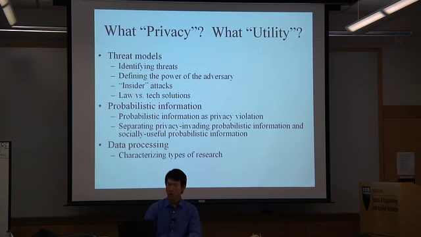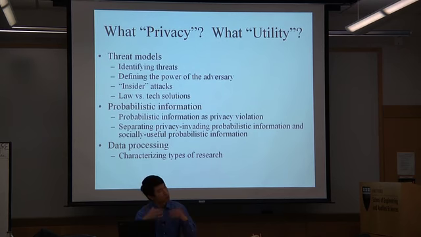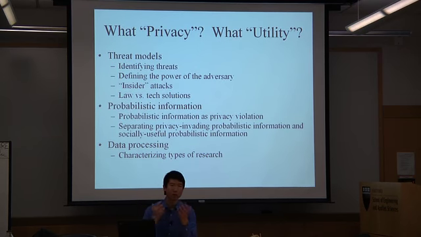questions. In particular, rather than thinking about privacy as some sort of abstract idea, we should instead be thinking about threats, right? And this is going to be obvious to those of you who are security researchers, right? We've been doing this in the security field for a long time, and of course in many parts of the privacy literature as well, right? But it turns out this is a lot less obvious to the lawyers and the regulators, and an important thing that I think is missing in this discussion, right?